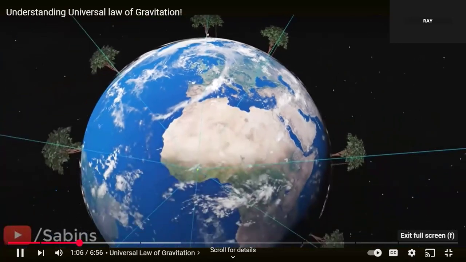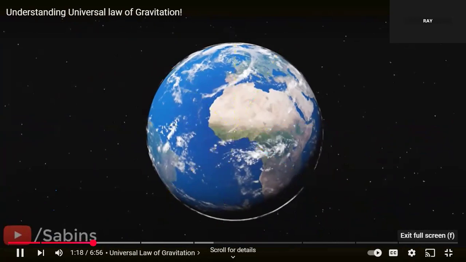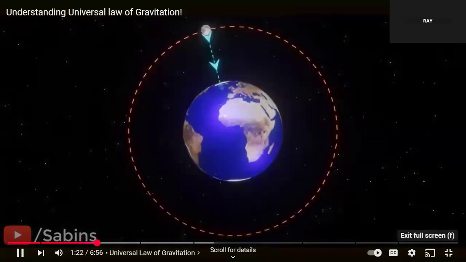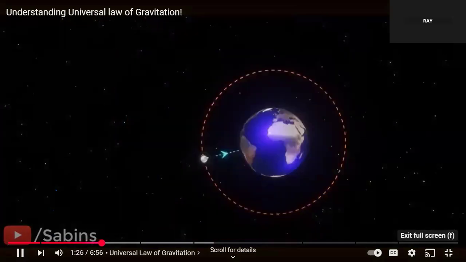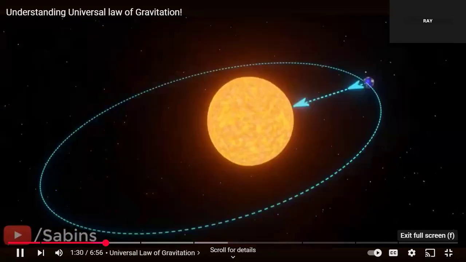This observation was the turning point in the discovery of the universal law of gravitation. Newton realized that the Earth does not attract the objects just down, but it attracts the objects radially towards its center. It's logical to conclude that, in a similar way, the Earth is pulling the Moon radially towards its center with an attractive force. Similarly, the Sun as well is attracting the Earth towards its center with a certain force.